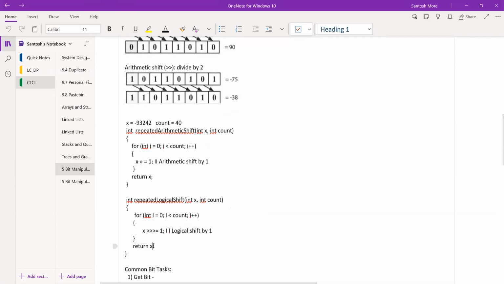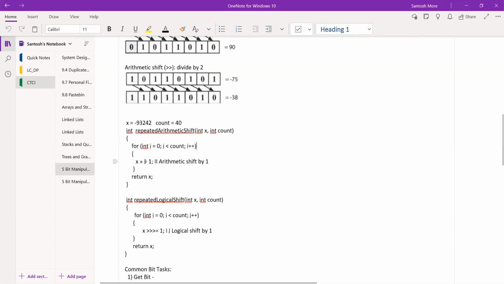I've never seen that in C++. So let's say in C++, if you want it to behave like a logical shift, what would you do? In that case, what I would do is an arithmetic shift, and before shifting, just mask the last bit, and then always OR the last bit with the current number.